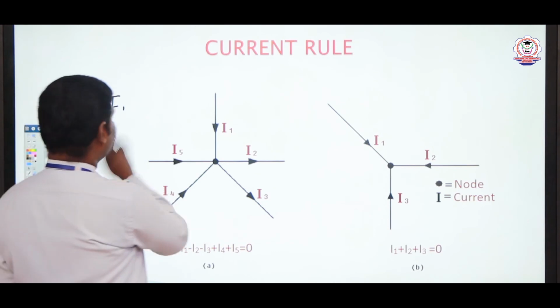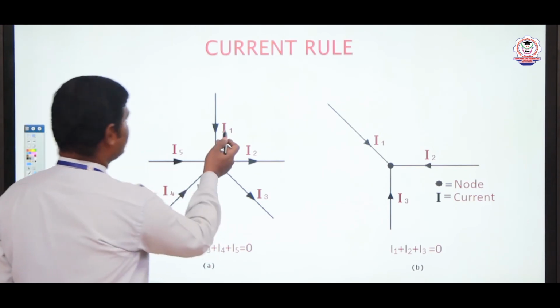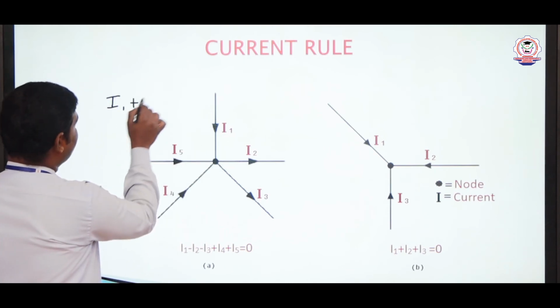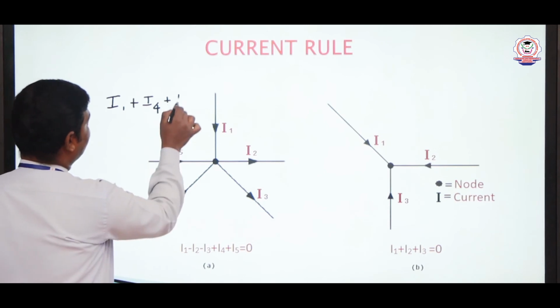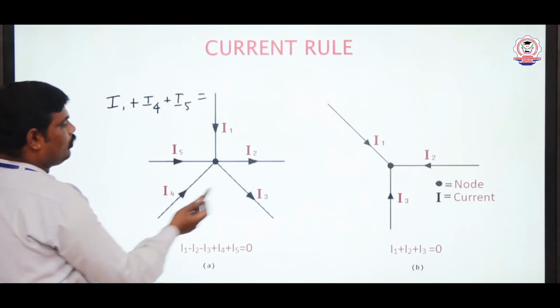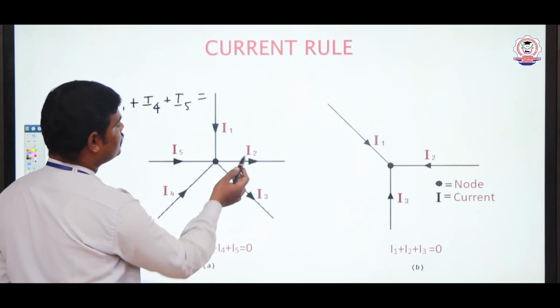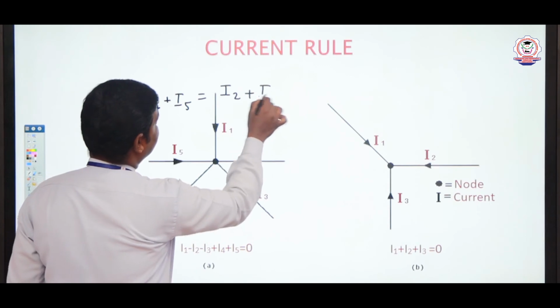So, this formula we can write: on the left hand side we have to take only the entering currents. Entering the junction means I1, then plus I4, then plus I5, it is equal to, which ones are leaving the junction? I2 plus I3.